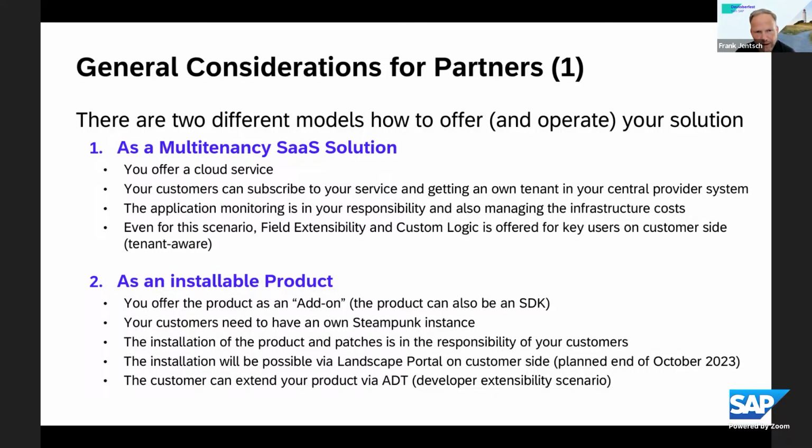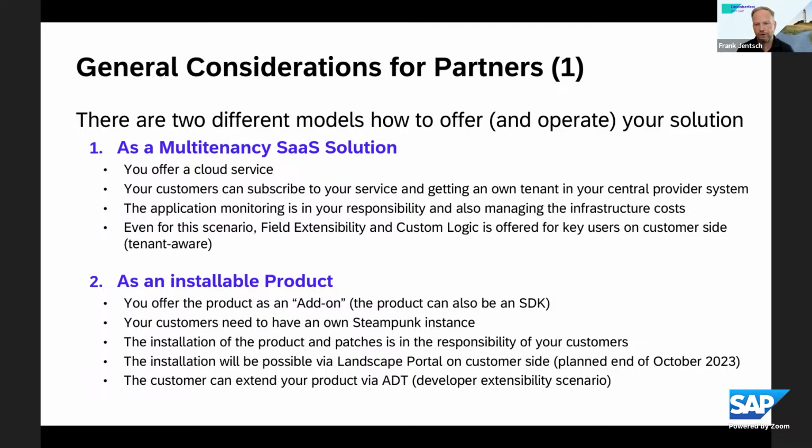So the customer of a partner can then subscribe to that service, and the customer gets its own tenant in order to ensure content separation in the central provider system of the partner. We are using the term provider system because this system is managed by the partner for their end customers. Another implication is that application monitoring is the responsibility of the partner.